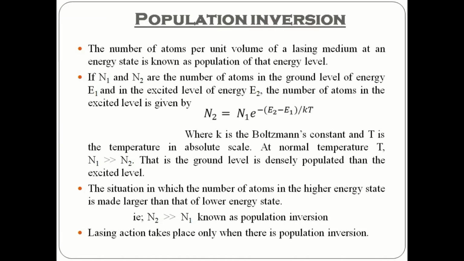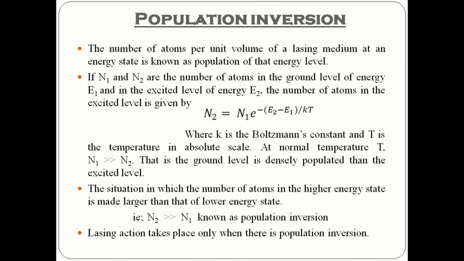Now we will come to the topic population inversion. It is the situation in which the number of atoms in the higher energy state is made larger than that of the lower energy state. In general cases, the number of atoms in the ground level will be more than in the excited level.